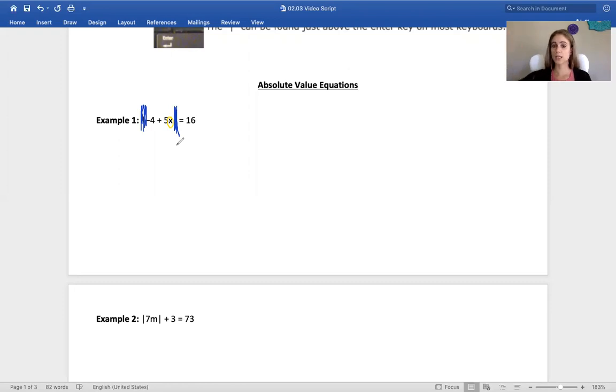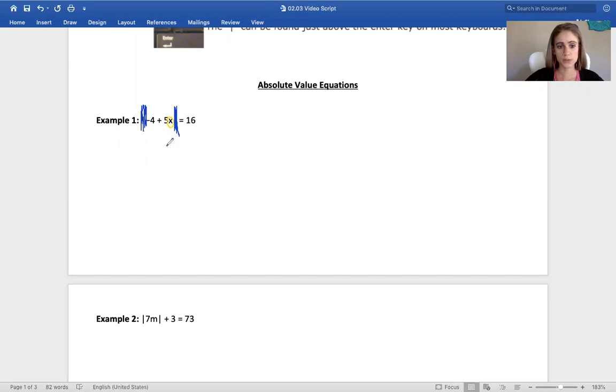As we discussed up above, I could have a positive 16 inside of there, or I could have a negative 16. So when we solve absolute value equations, because there are two possible answers, we need to split it into two equations, the positive option and the negative option.